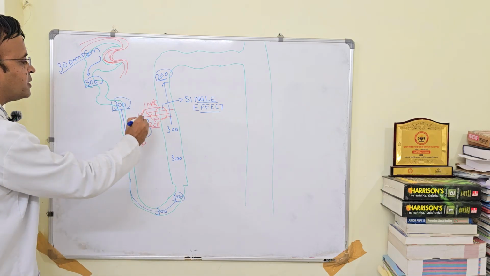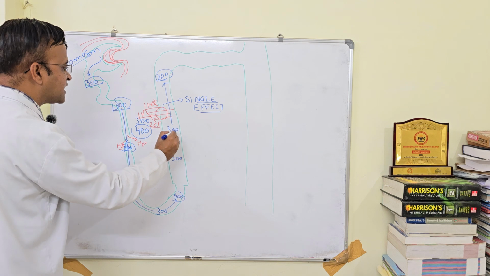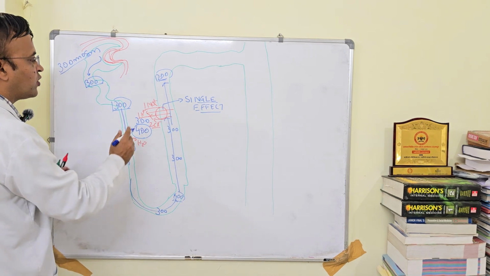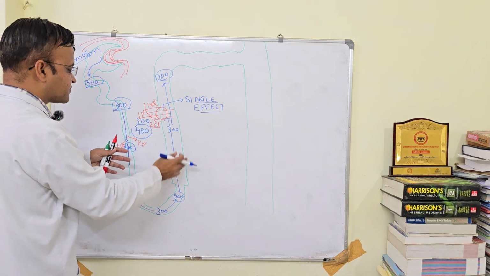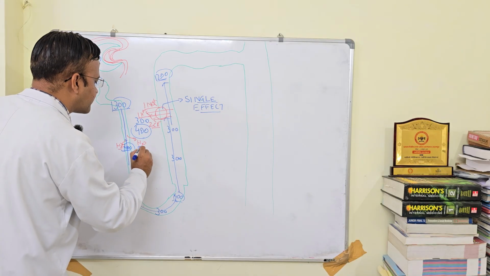Now this ion pump will be very happy because it is getting more solutes to pump out. Earlier it was just getting 300, now it is getting 400. Now if it extracts a further 100 from this 400, then it will make it 500.